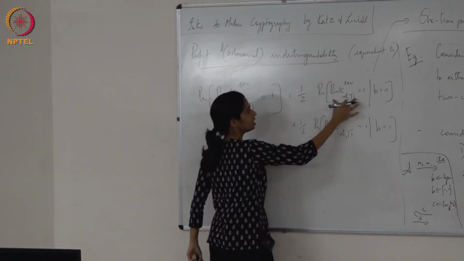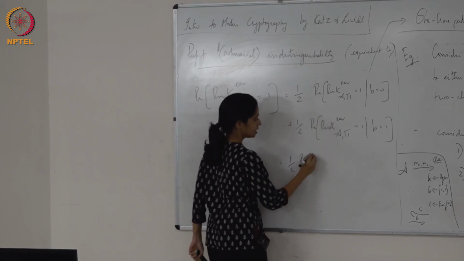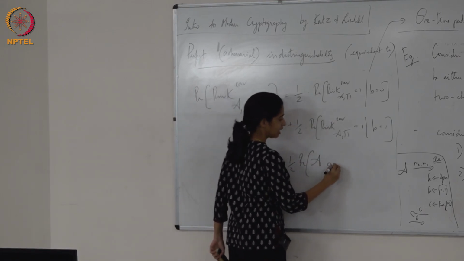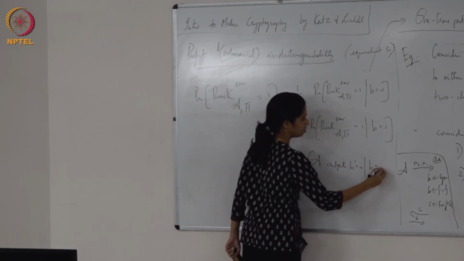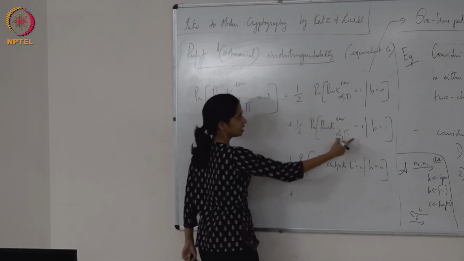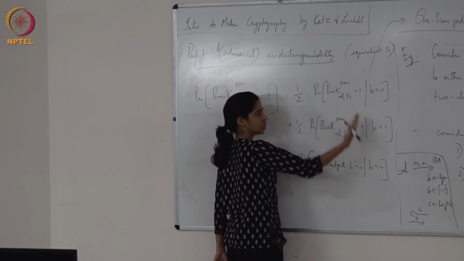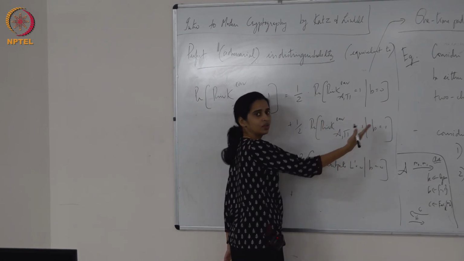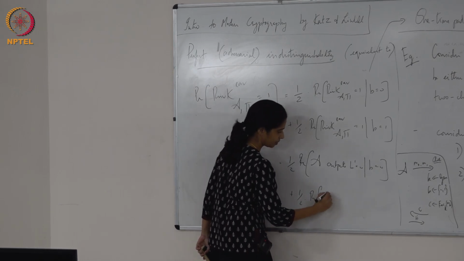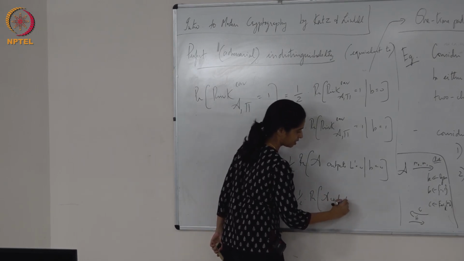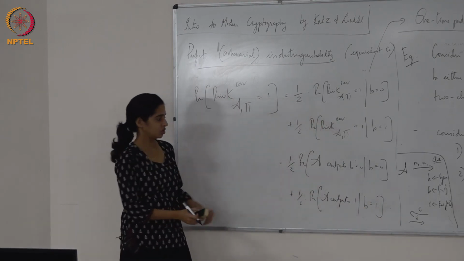So here when b is 0, this means the probability with which A outputs b prime equals 0 conditioned on b equals 0, plus here again the experiment will output 1 when b prime equals b. So A outputs b prime as 1 when b is 1. So that is when the experiment will output 1.